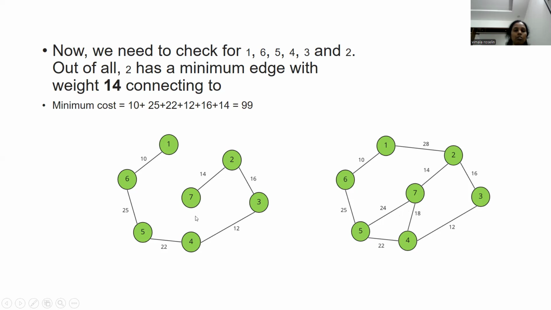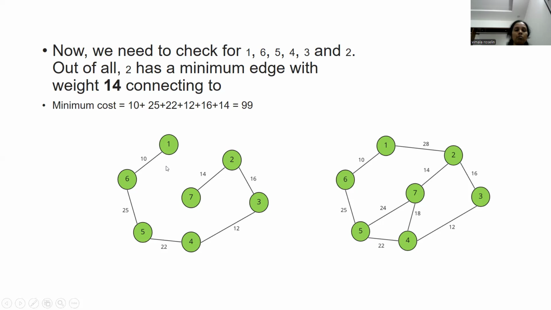So we cannot connect it and there is no need to connect it, because all the vertices are already connected and it contains the minimum cost value. So we can discard this one. Then the remaining edges are there. Now it is connected, right? Now we can find the minimum cost value.